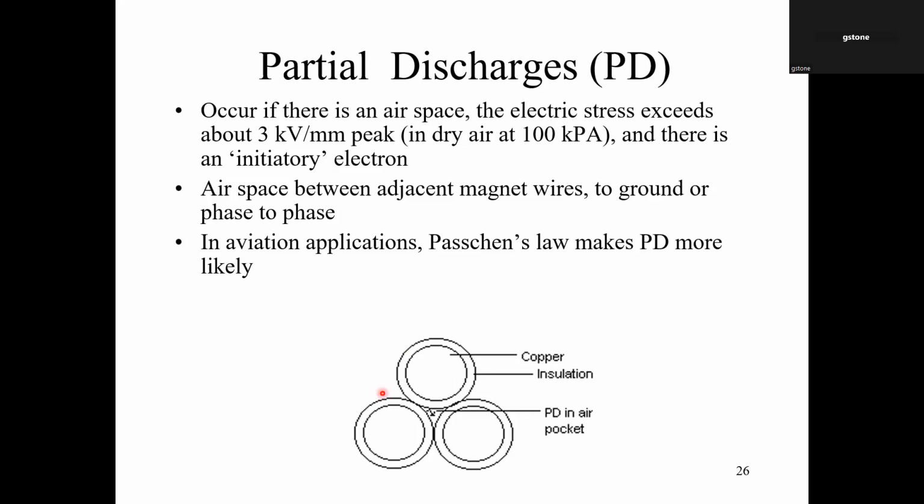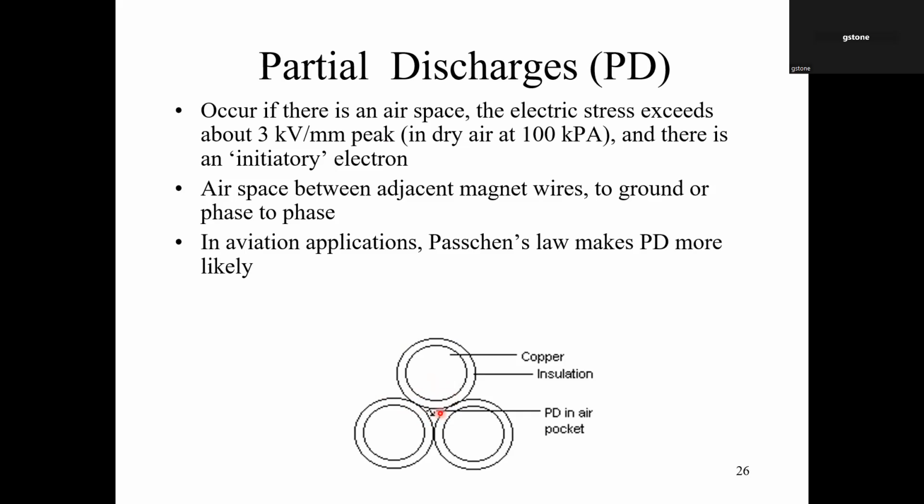And what happens here is if you get that 1,000, 1,500 volts across a small air gap, given the very thin insulation coating on the magnet wire, if you have a finite element electric stress model, you can easily see that it gets to very high electric stresses.